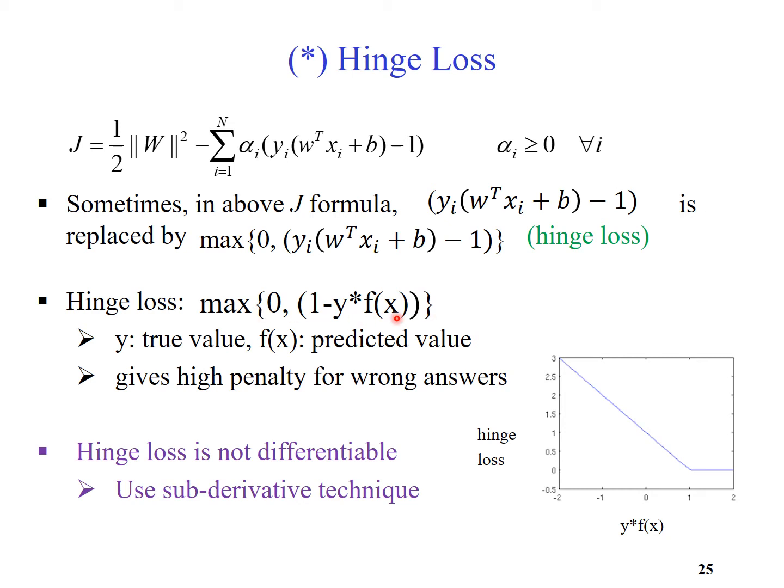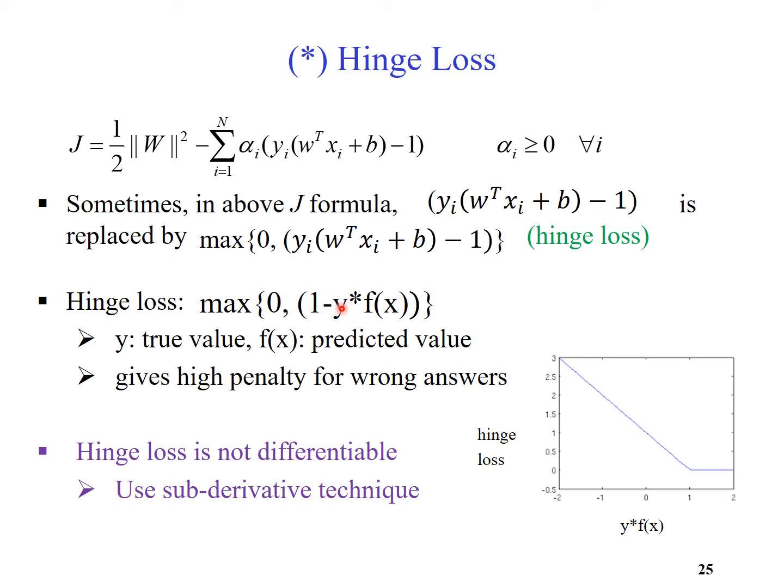Let me go over it in a little more detail. For example, let's say the true value y is 1. The true value y is either 1 or minus 1, it's binary. So suppose y is 1. If the prediction is correct, that means the f(x) value should be greater than or equal to 1. So 1 minus y f(x) is negative.